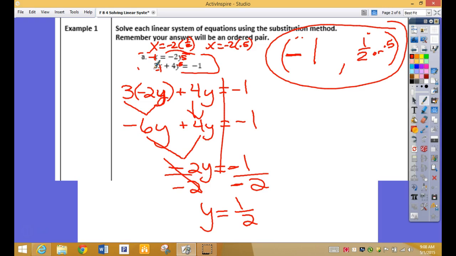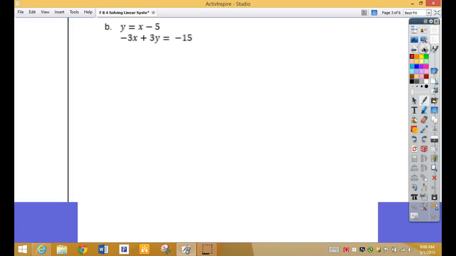Negative 3 plus, what's half of 4? 2. What's negative 3 plus 2? Negative 1. So we know it works. Especially on your tests and quizzes, you should check. Alright.